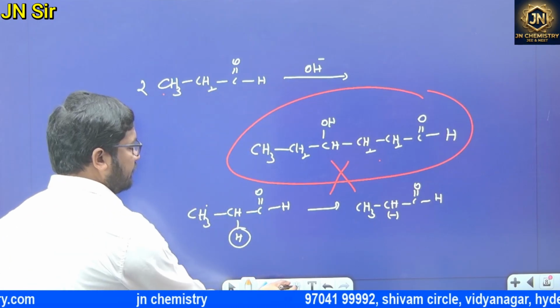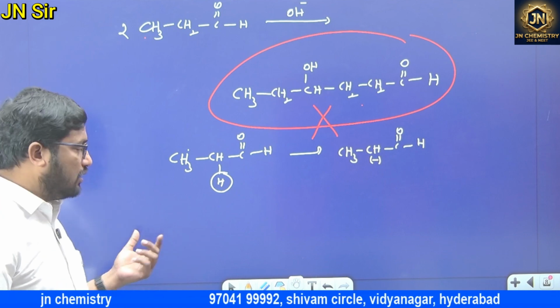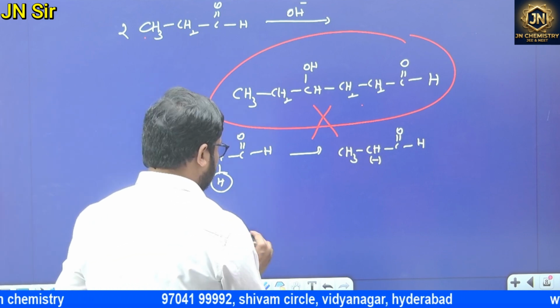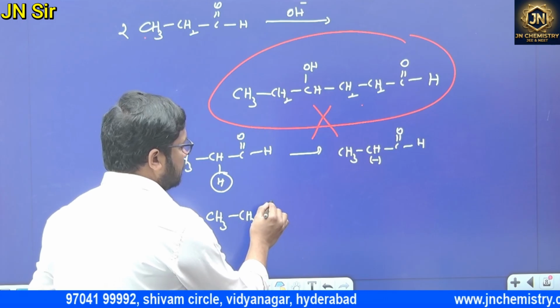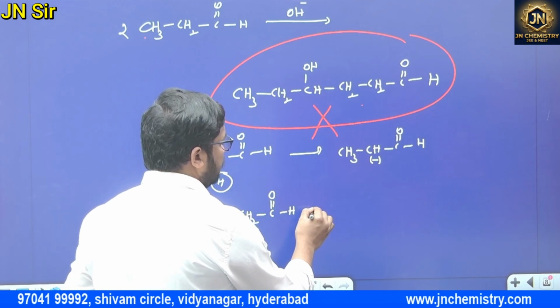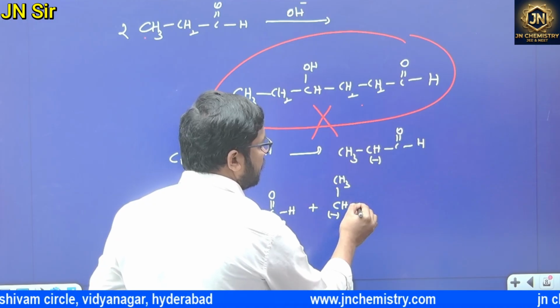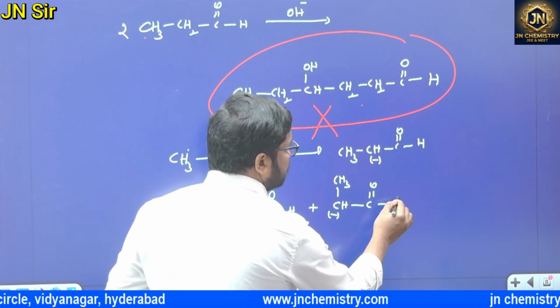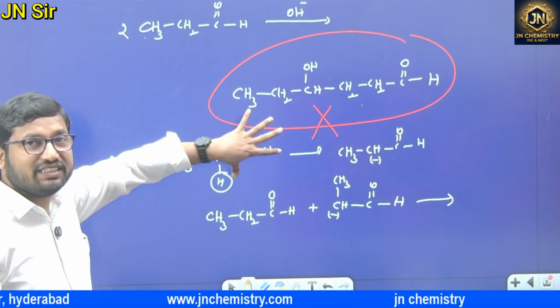The second step, same nucleophilic addition, because we are taking the same type of aldehydes, right? Here is CH3, CH2, C double bond O, H. Now the CH negative charge, I am writing the CH3 up, C double bond O, H. So 90% of students make the mistake here.